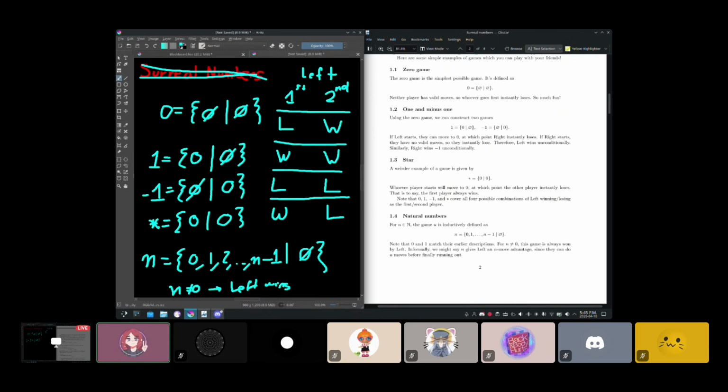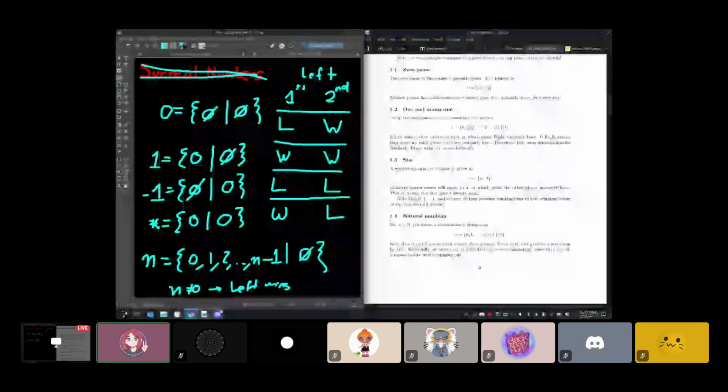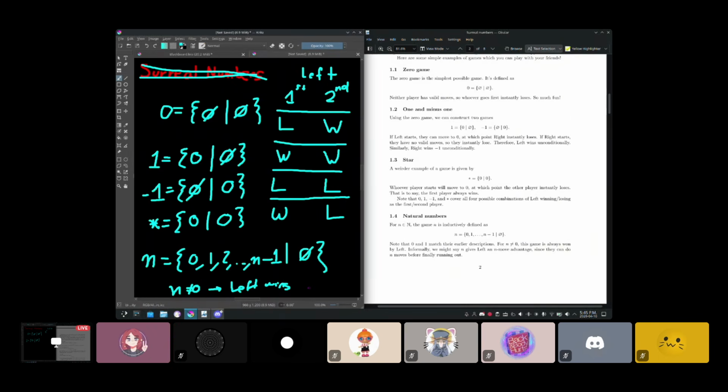But it's not only that they win, it's that they actually have a lot of leeway. For instance, imagine the game 100. If we played the game 100, and say we really want left to exhaust all of their options, they're going to have to move over and over. Well, they can do that 100 times.